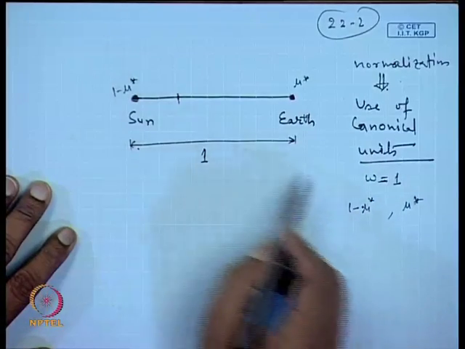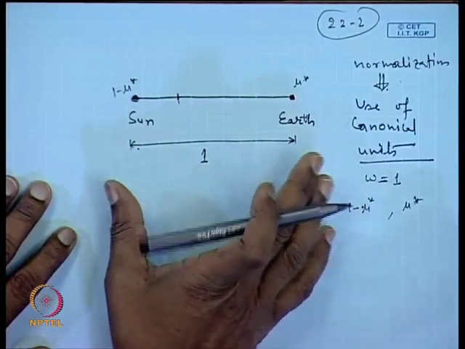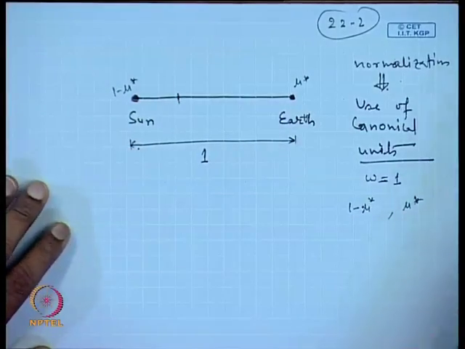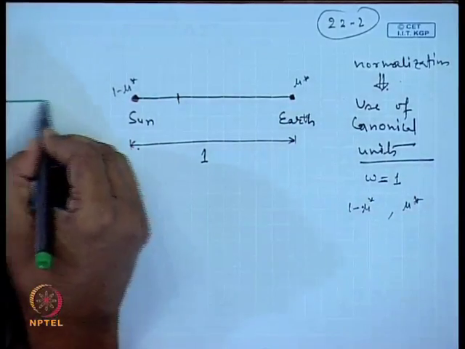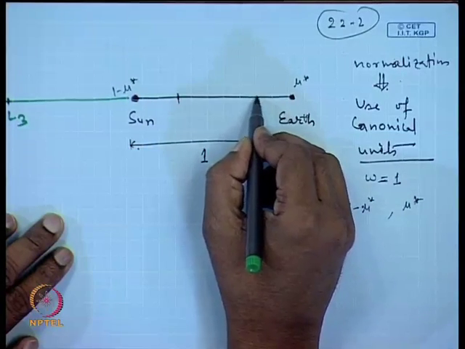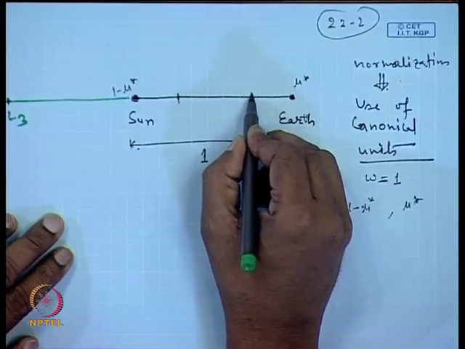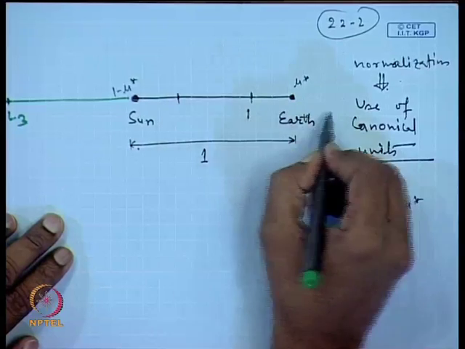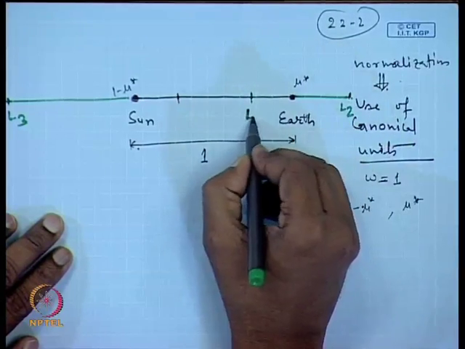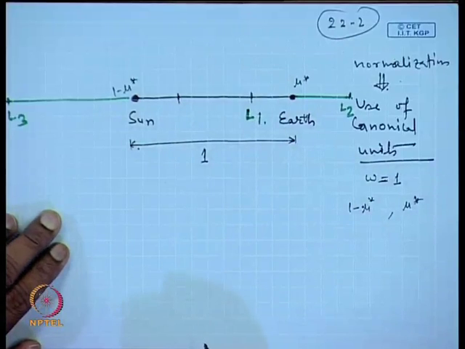An advantage of using this unit is that it makes the whole representation very simple. And then our L 1 point lies somewhere on this side, L 3 point is there, and L 2 point lies somewhere on the right side of this. So, L 2 point is here and L 1 point is lying here.